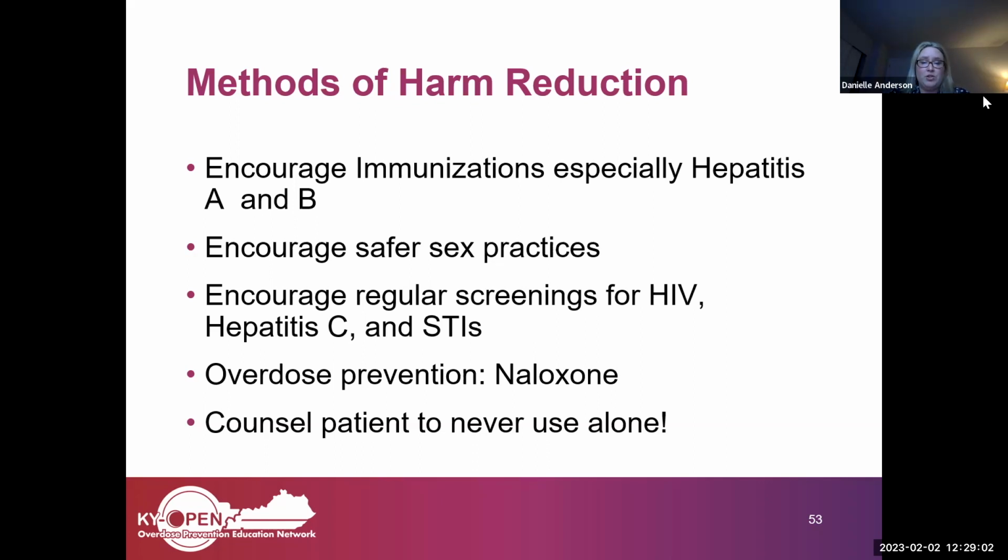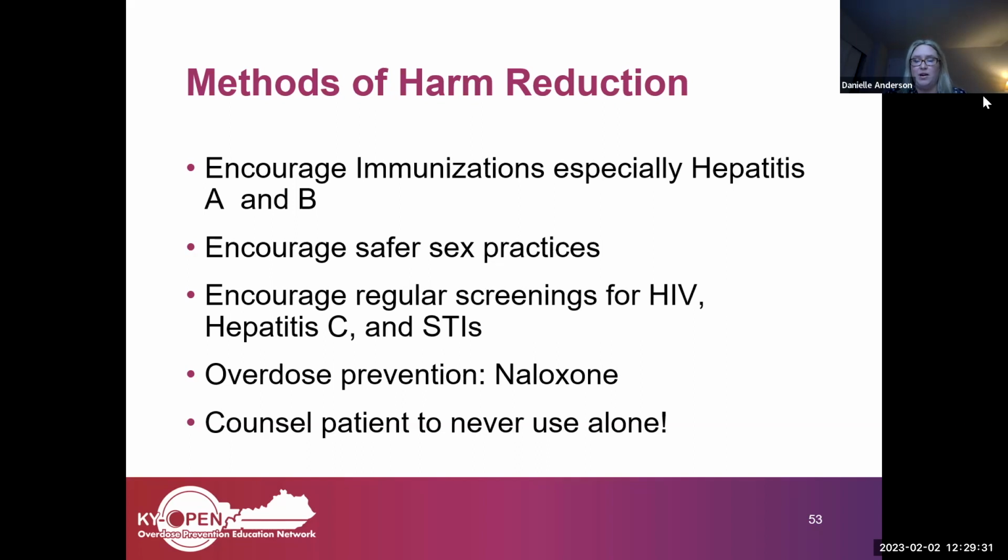We also want to, I know I don't have to tell anyone on here, but overdose prevention always involves Narcan or naloxone. I think it's very okay given the level of drug screens that we're now seeing of patients who are primarily stimulant users, methamphetamine or cocaine, and are now showing up in our drug screens with fentanyl and sometimes other opioids.